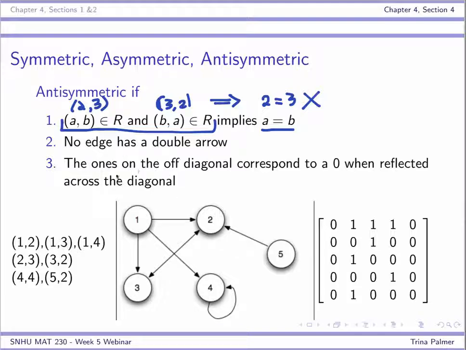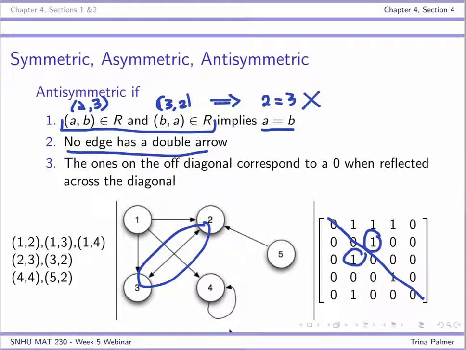If you're looking at the graph, no edge has a double arrow, but you can have a loop. Loops are okay, but no double arrows, and this is what causes the problem. And same as before, for the ones on the off diagonal, these two match up and they can't. This is very, very similar to asymmetric.